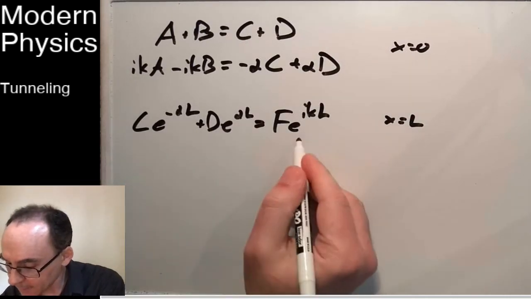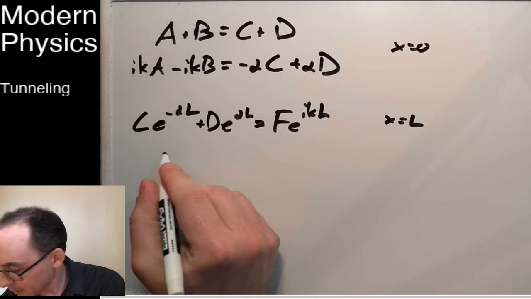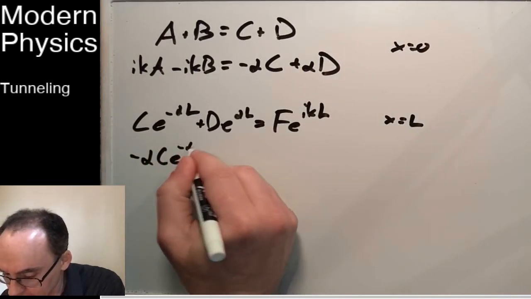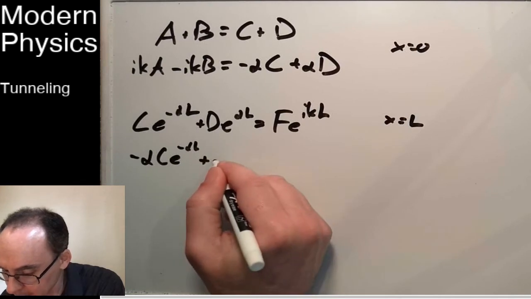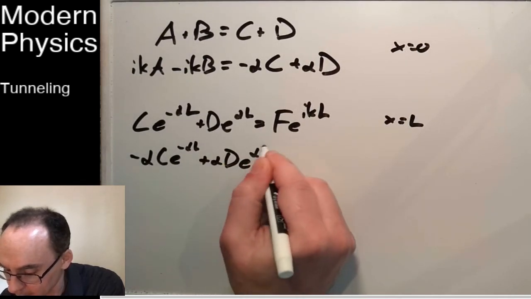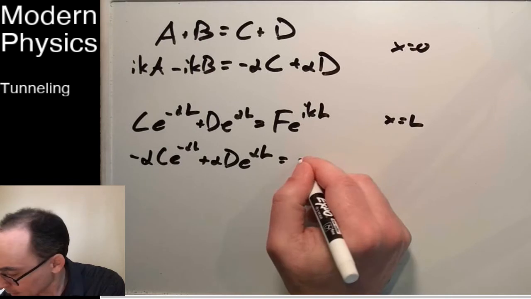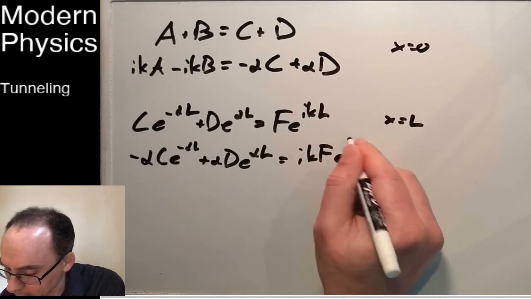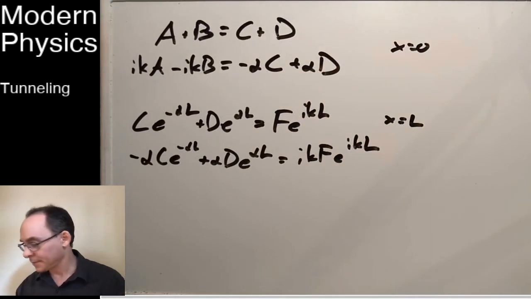That's from matching the wave function, and matching the derivative gives us minus alpha C e to the minus alpha L plus alpha D e to the alpha L equals ik F e to the ikL.